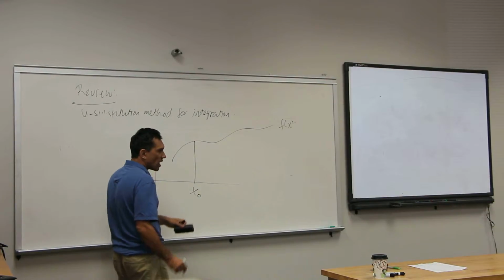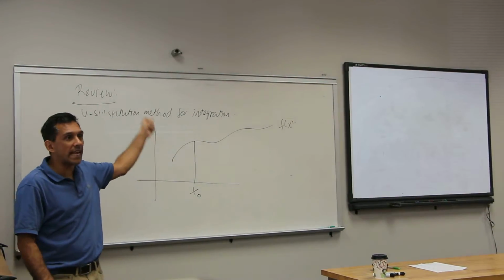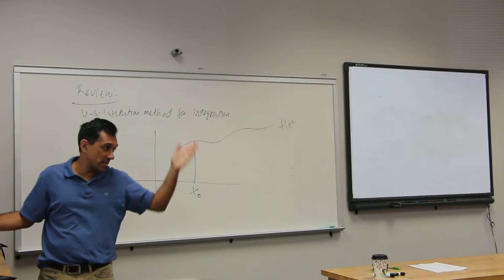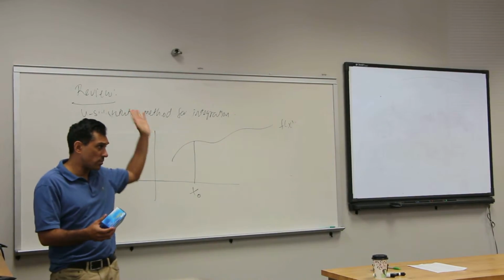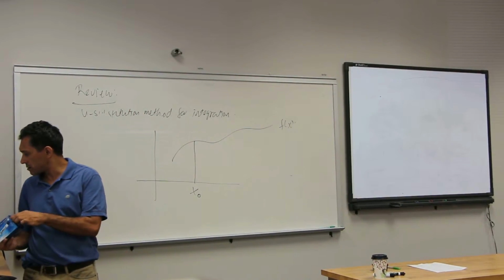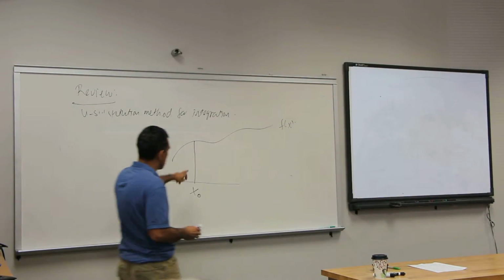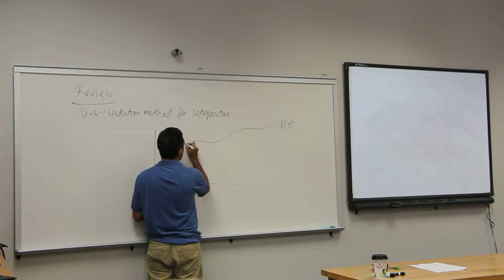Now, I want to approximate that function at that point with a line. Why? Because people like lines for some reason. Things that are not lines are quite complicated. So it seems to me that if you were to approximate this function here with a line, it would be that line there.